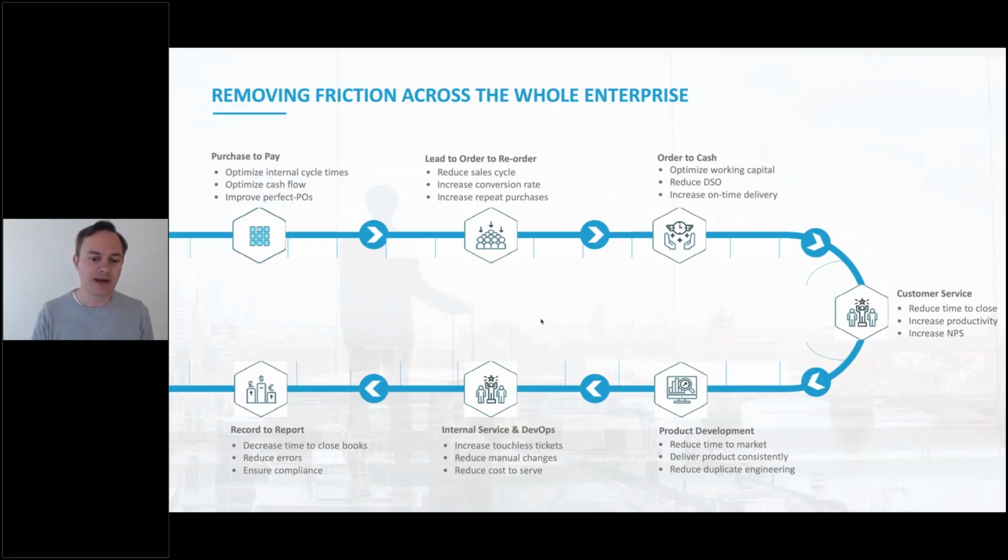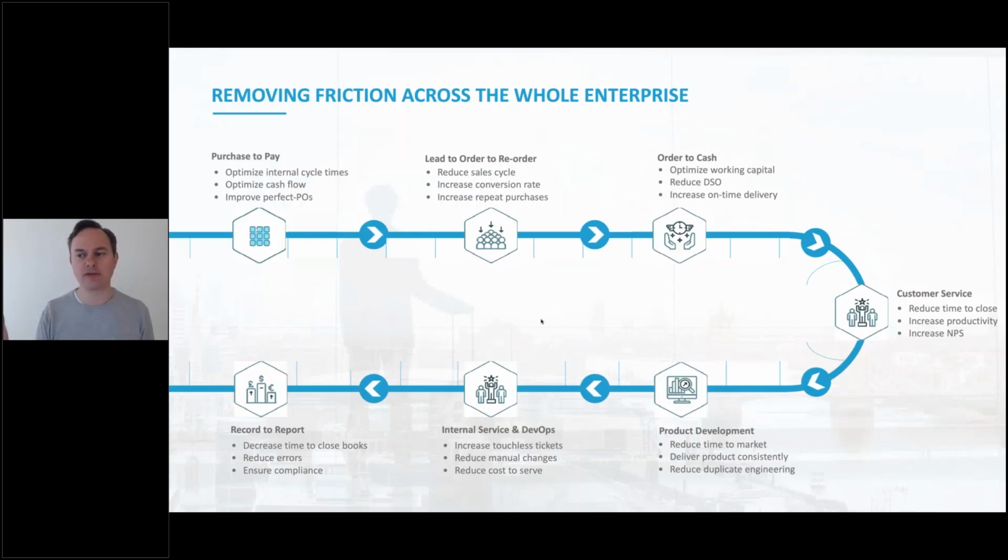If you think about internal service and customer service opportunities, thinking about things like touchless tickets and manual work that we're doing on our customer service processes. And also even thinking about accounting processes, how we can improve the time it takes us to close our books.